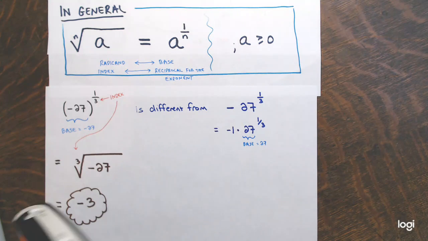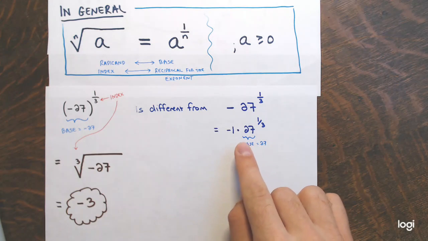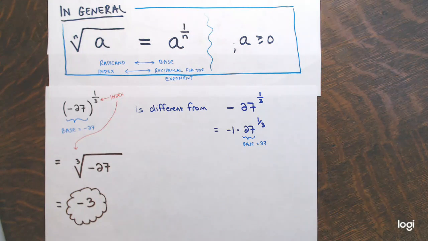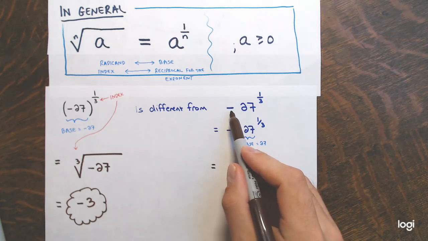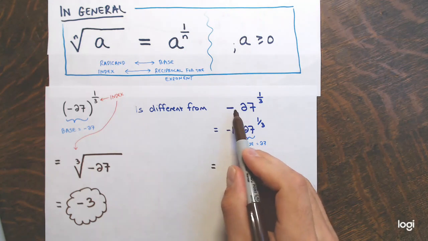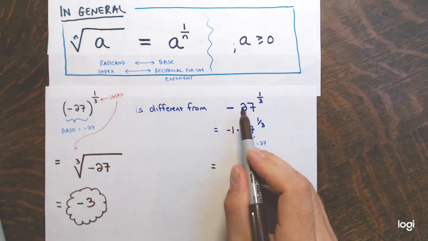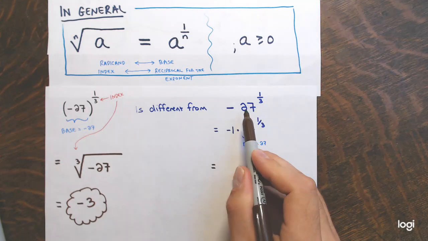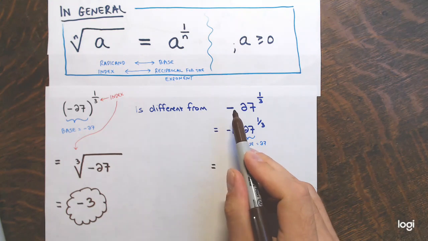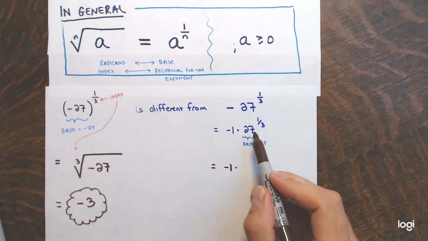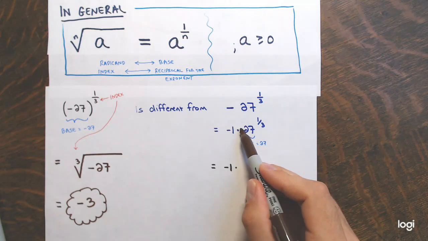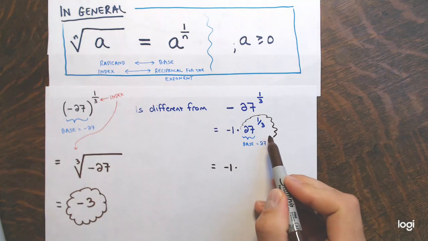Now I know that this is also -3 over here, but it would look a little different because this minus sign is not in parentheses with the 27, so the minus isn't part of the base. The base on the 1/3 is only 27. So this is -1 times, and then this is what I would write as a radical.